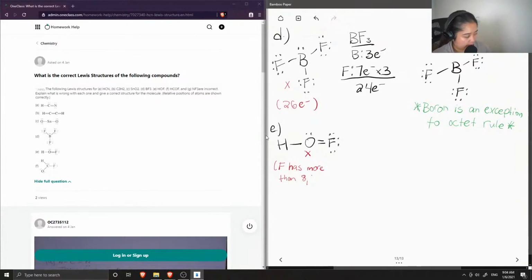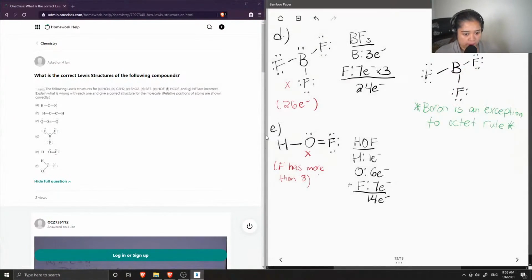And we have 14 here, but let's calculate how many electrons we're supposed to have. So hydrogen has 1 valence electron, oxygen has 6, and fluorine has 7 that participates in the bonding. So if we add it all up, there are 14.